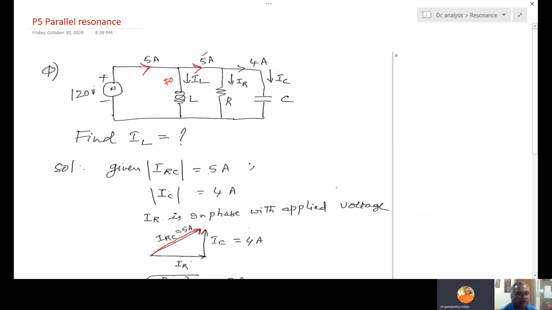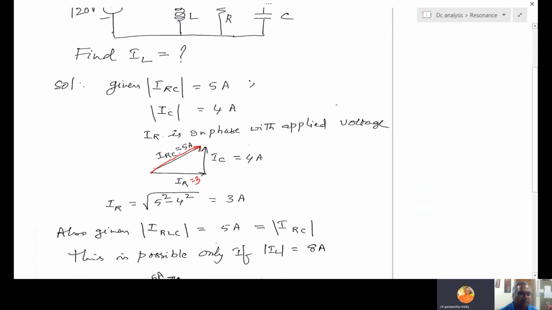Now this IR is 3, IC is 4, so the total is 5. Now there is also another situation, where that vector will come down with the same length. So this is also 5 amps.